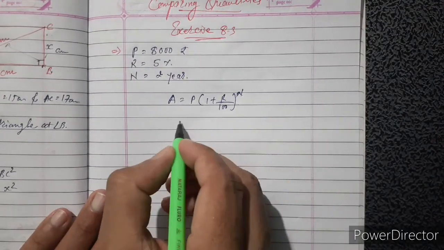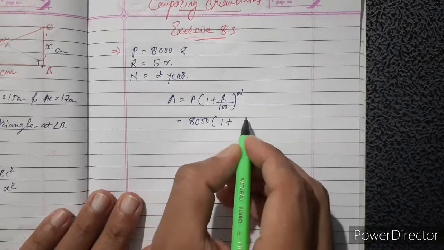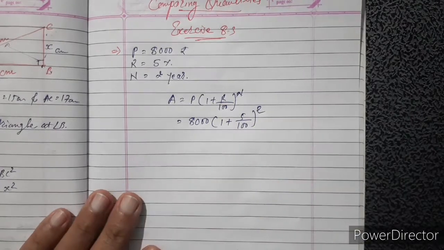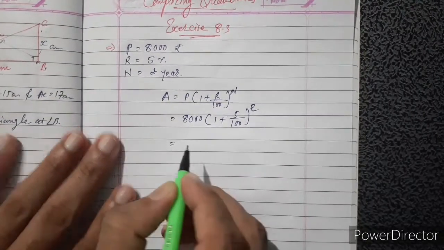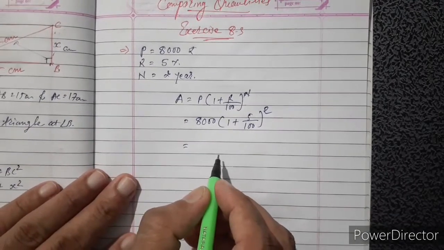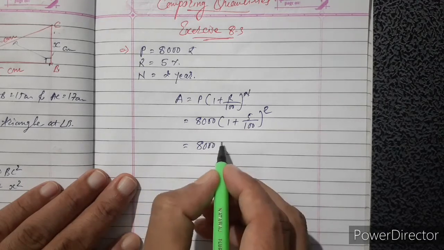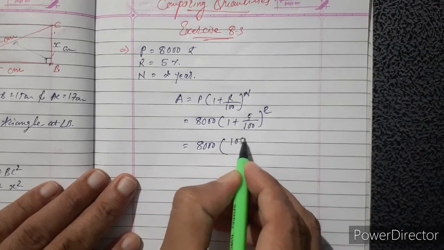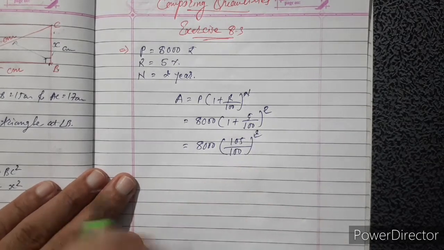So P equals 8,000, 1 plus 5 upon 100 raised to 2, equals 8,000 into bracket 100 plus 5, that is 105, divided by 100 raised to 2.